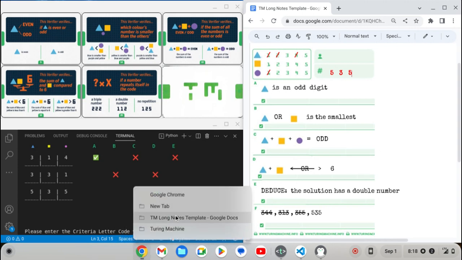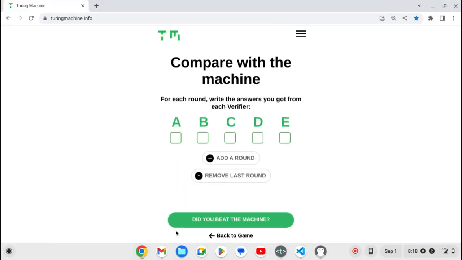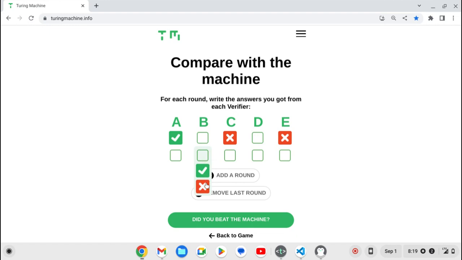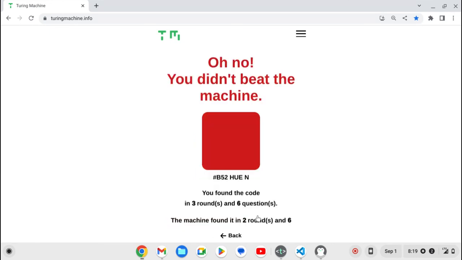So ACE in the first round. So A was correct, C and E were both incorrect. And then B and D were incorrect. And then we didn't take our third test, but it would have been irrelevant. And then finally, yeah, we got D correct on the last one.